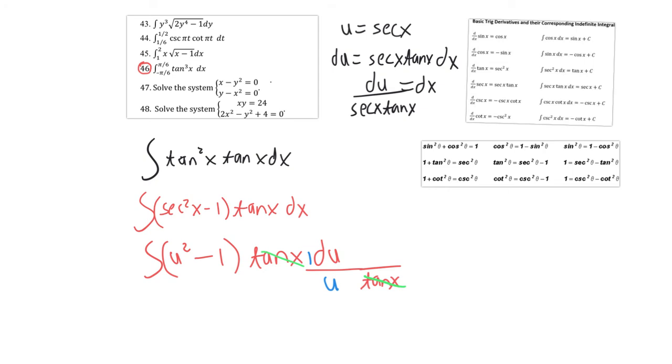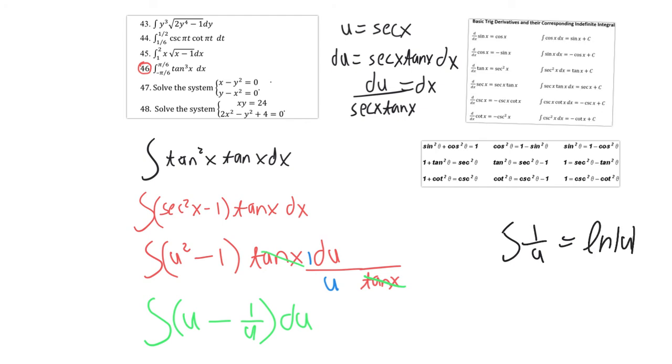So as a result, that would become u minus ultimately 1 over u, and that would be du. Now the integral of 1 over u is ln absolute value of u plus c. Okay, so that's something to keep in mind when you're looking at this one.